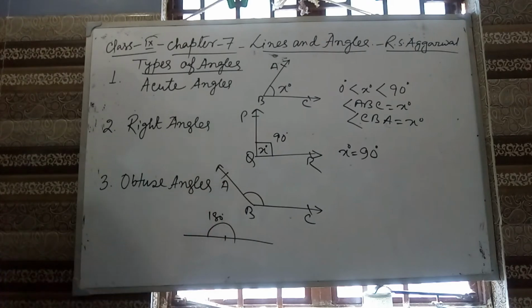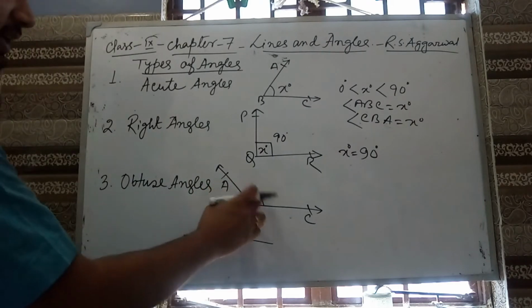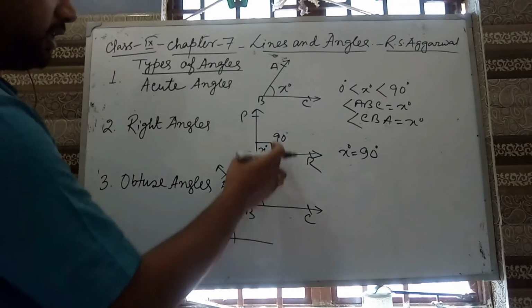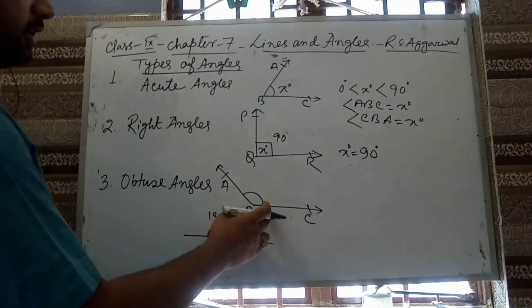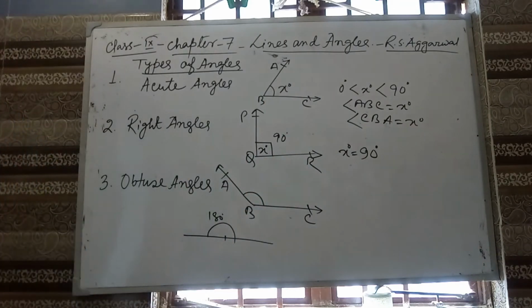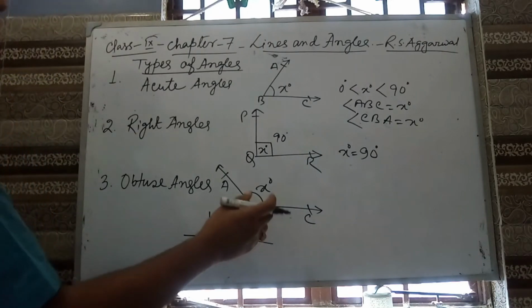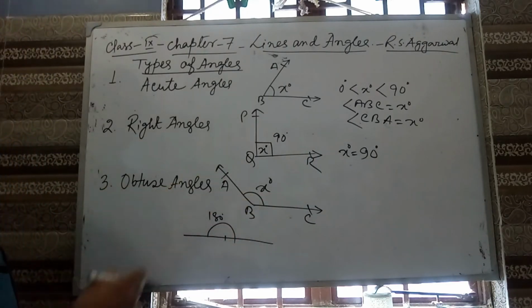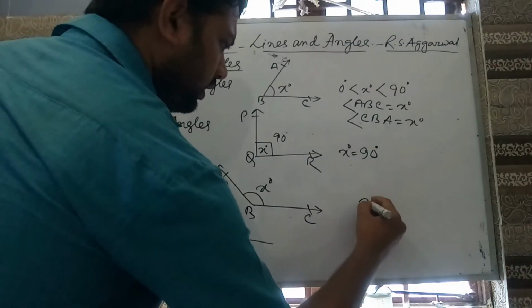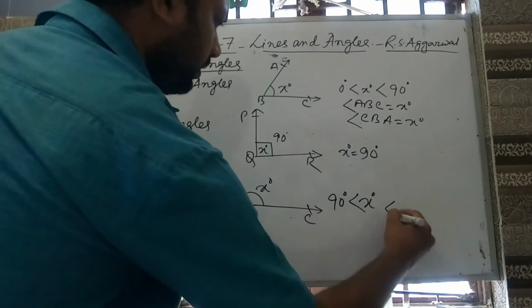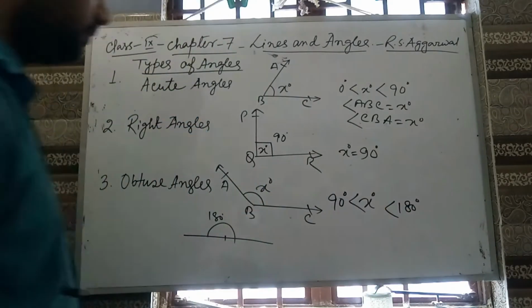Look at this figure and this figure. This angle is smaller than this angle. Again, look at this figure and this figure. This angle is greater than this angle. So what will be the measurement of an obtuse angle? If we consider this one x degree again, then for an obtuse angle, this x degree will be greater than 90 degree but less than 180 degree.